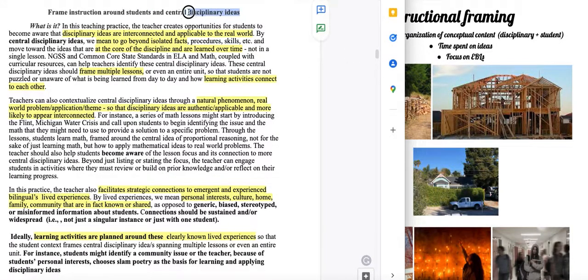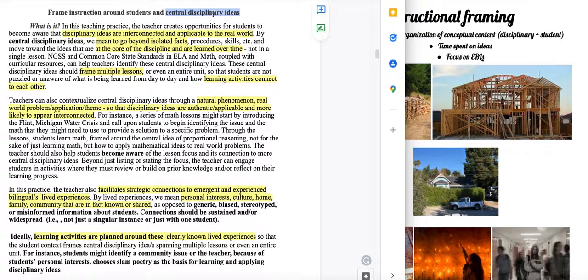And then the central disciplinary ideas. While we want to see teachers exposing students to content, obviously, disciplinary ideas and practices, we also want to see a hierarchy of ideas so that not every disciplinary idea is given the same weight, or presented as discrete and separate. We want to see the teacher representing disciplinary knowledge as something that has architecture, something that has design.